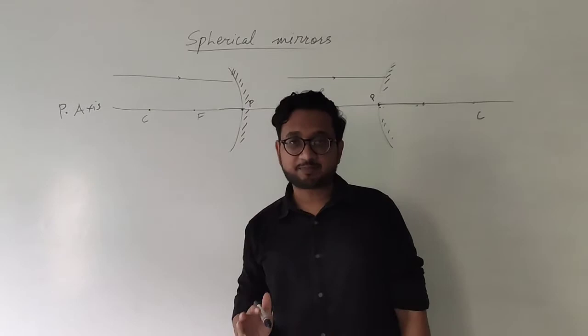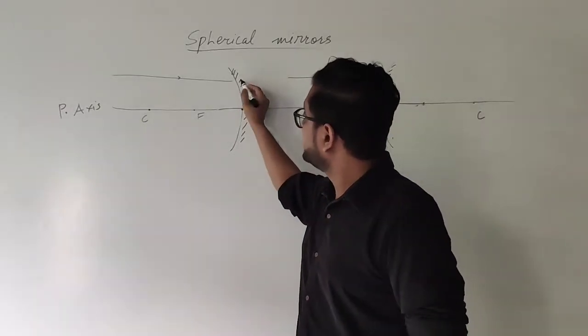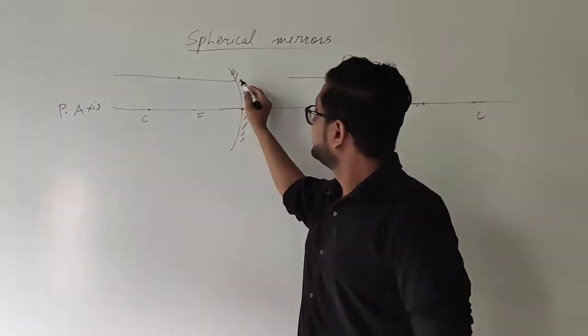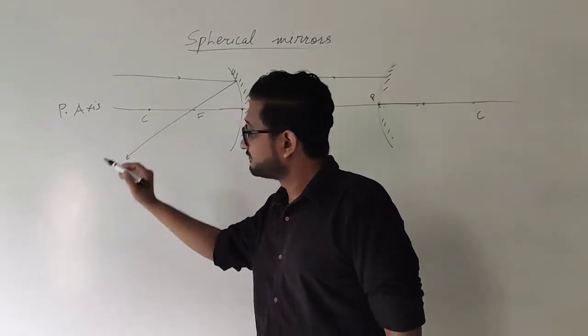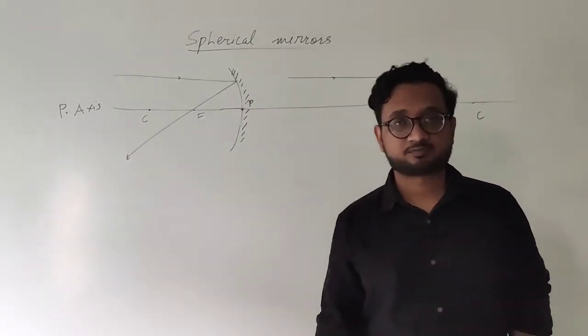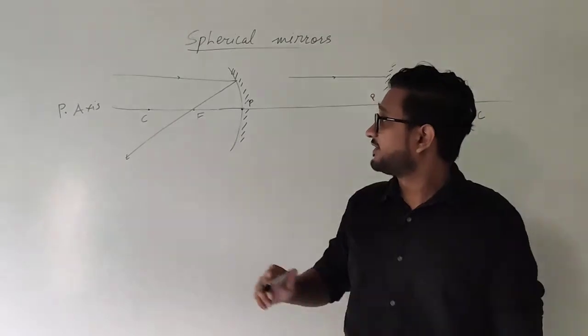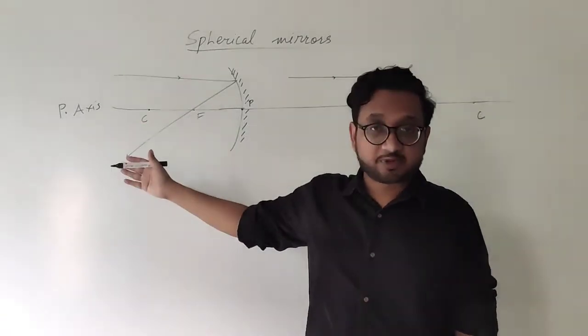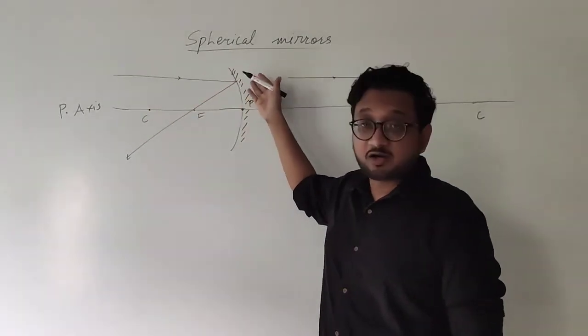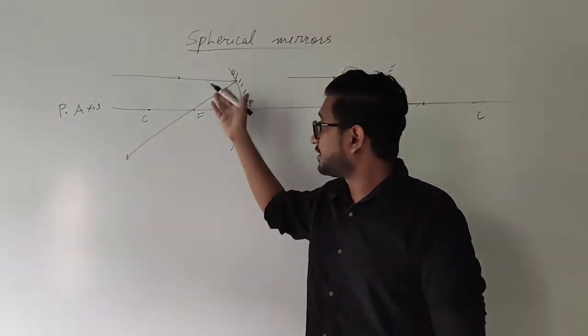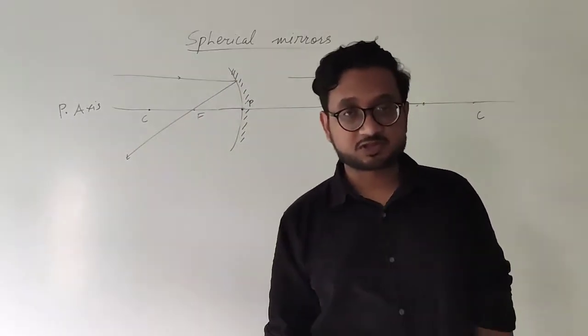And whenever this happens, the rays of light, after reflecting from the mirror, will always pass through the focus. I repeat once again, when a ray of light is parallel to the principal axis, after falling on the mirror and reflecting, it will always pass through the focus point.